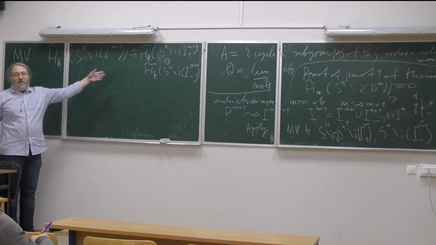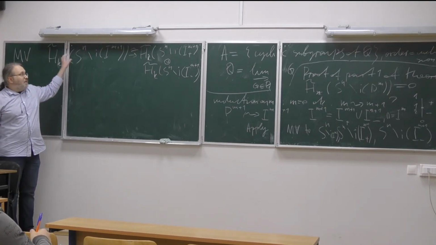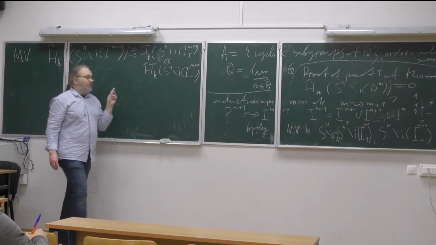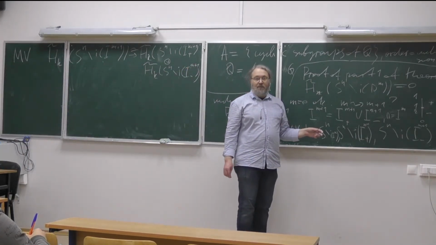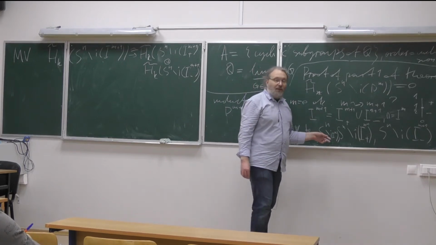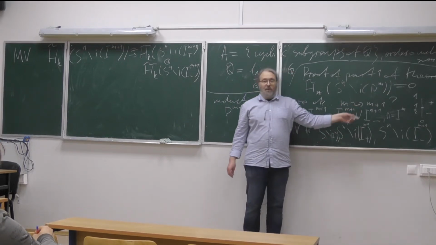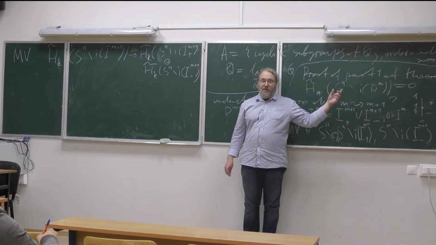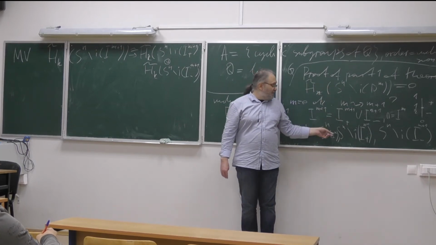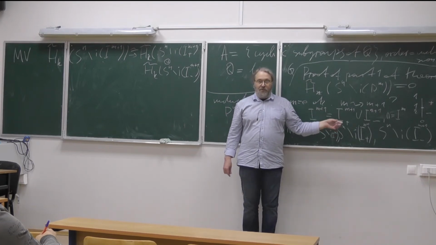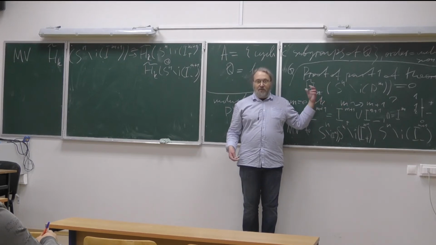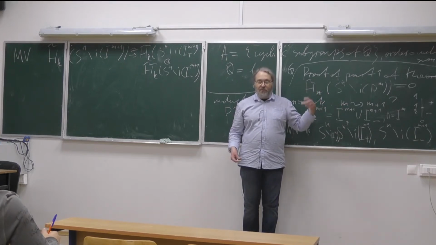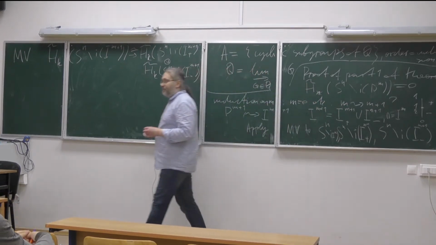Why do we have an isomorphism? Because on the left and on the right we have the reduced homology of the union. And the union is the complement of the intersection. And the intersection is a lower dimensional cube, and for the lower dimensional cube we can use the induction hypothesis. Okay.